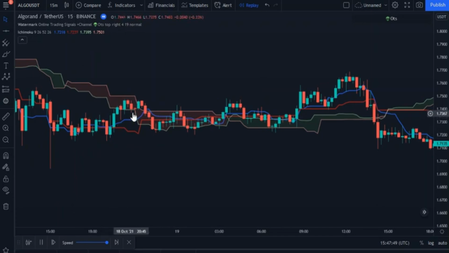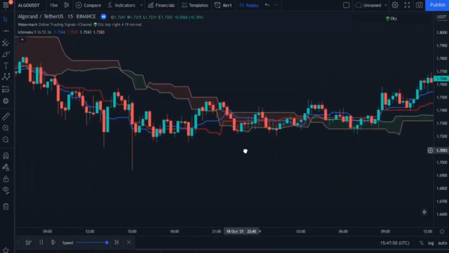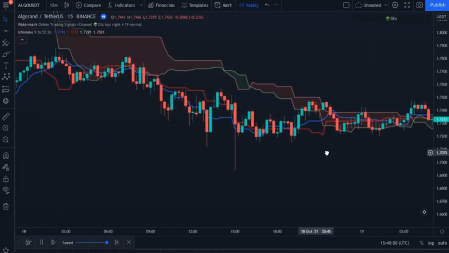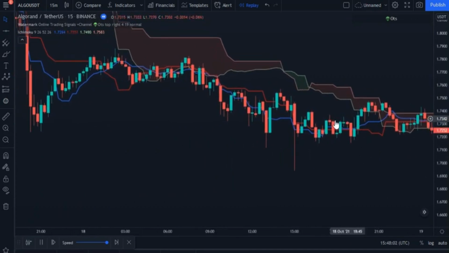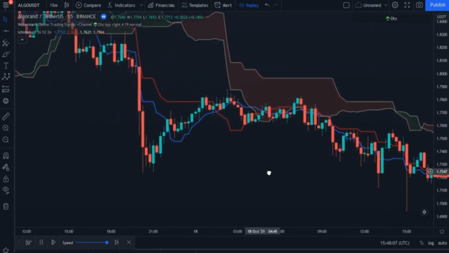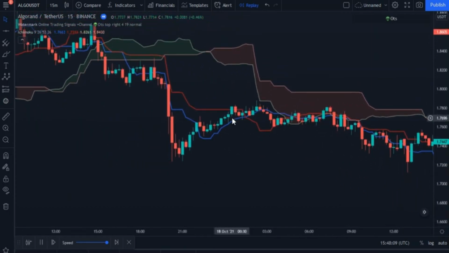But here, the last condition, which is that the red line crosses the cloud, did not happen. So, it's another fake signal. Here too, was a fake signal. And here.